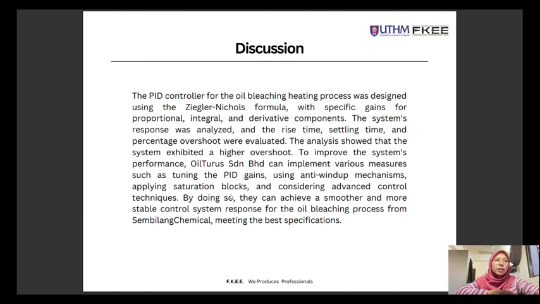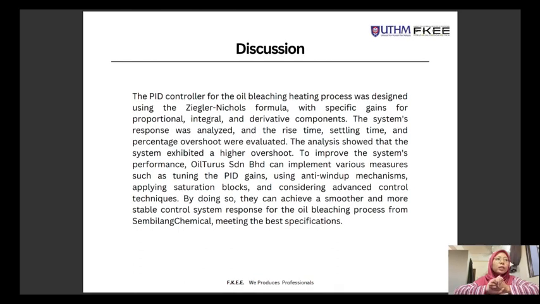So as we know, for the discussion, we could discuss in order to design the PID controller, an open loop test was conducted on the system.